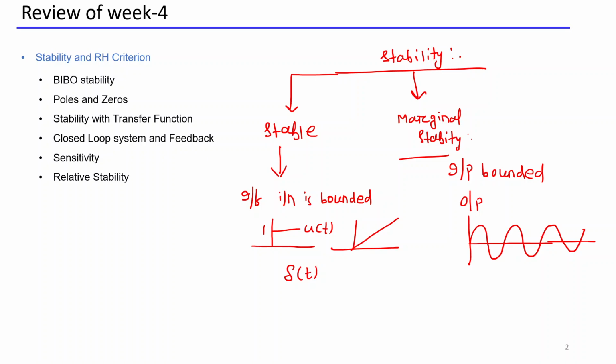It doesn't matter at what frequency it oscillates, it could be line frequency of 50 hertz or a switching frequency of 100 kilohertz, but it has to oscillate at a particular frequency. If you give a bounded input signal and get an output with constant amplitude oscillation, then it is called a marginally stable system.